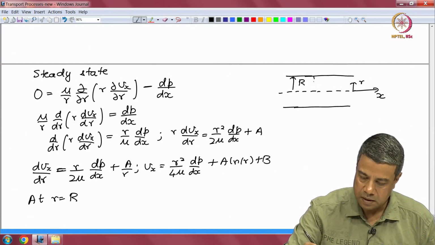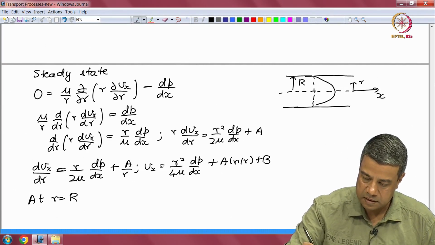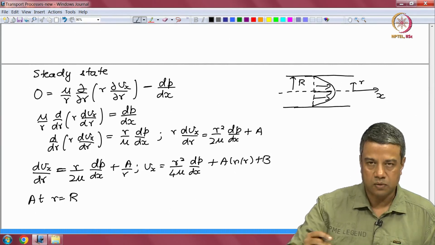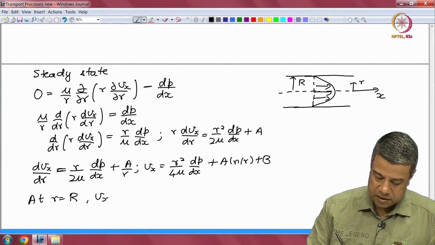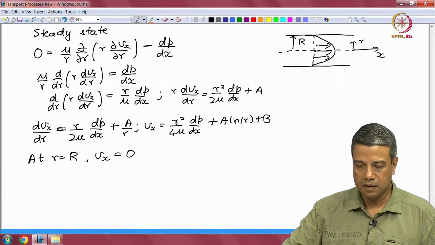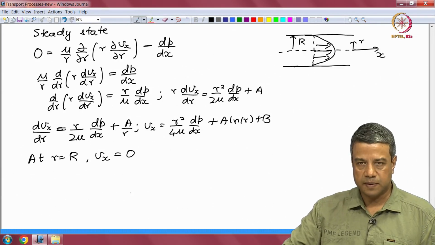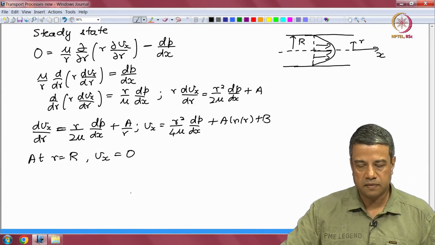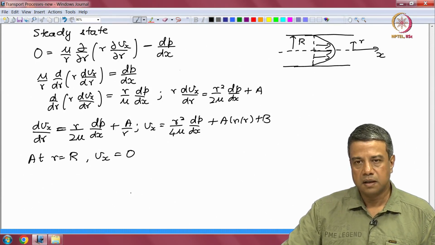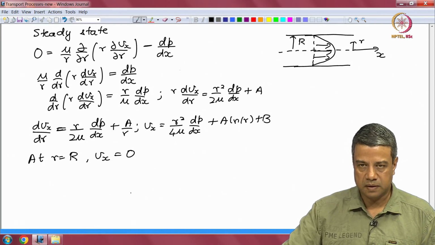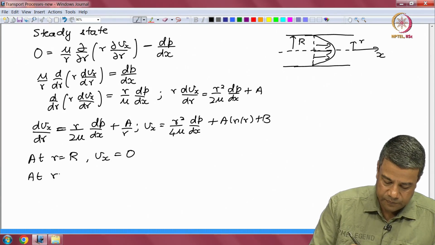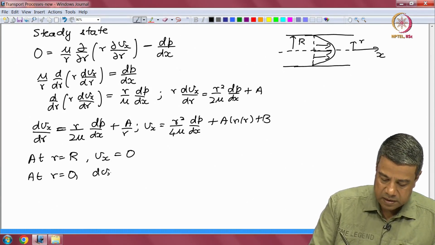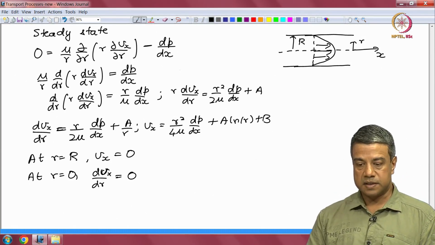And you would expect the velocity profile to look something like this. The velocity has to come to 0 at the walls of the pipe. At r is equal to R, Vx is equal to 0. At the center of the pipe, just by symmetry, it has to reach a maximum, which means that at r is equal to 0, dVx by dr is equal to 0. The slope has to be 0 at the center.